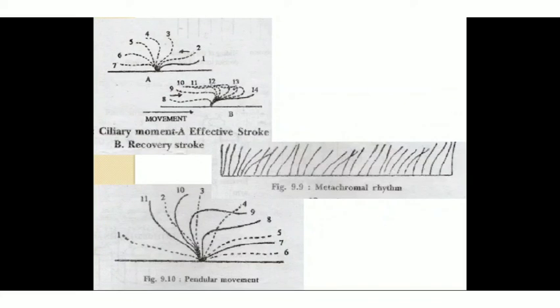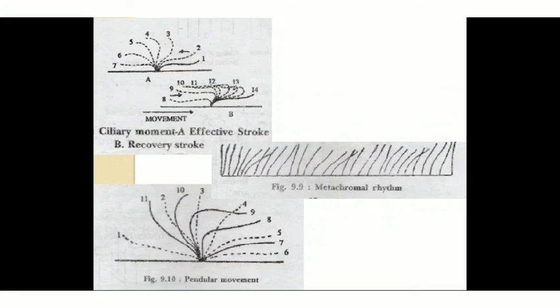In this picture you can see the first picture is of effective and recovery stroke, next one is of metachronal rhythmic movement, and the last one is the pendular movement, that is effective and recovery stroke in a single picture.